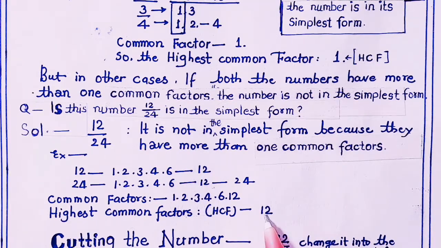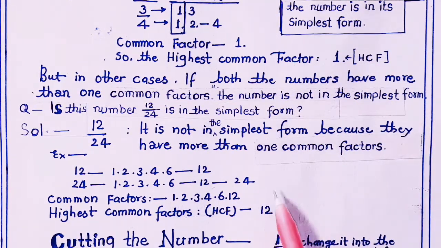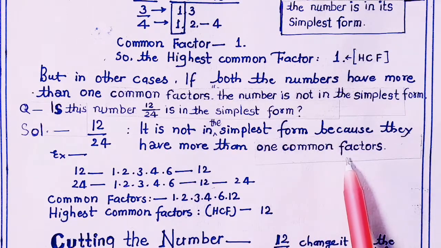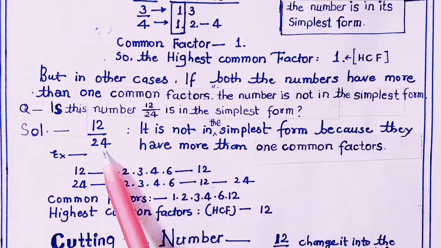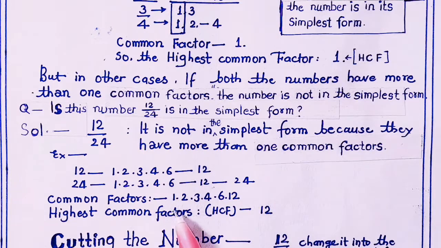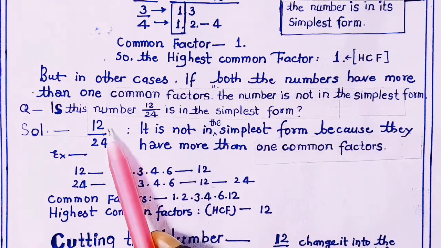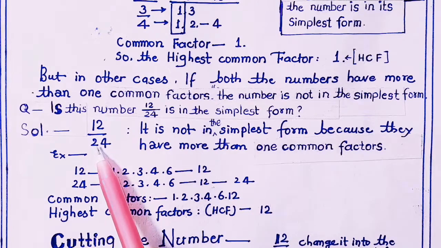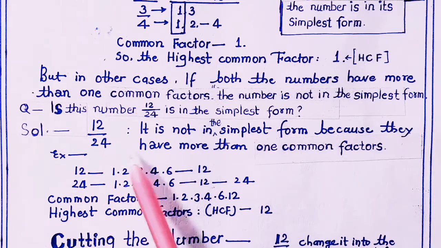So, 12 by 24 has more than one common factor. These are 1, 2, 3, 4, 6 and 12. So this number is not in the simplest form because they have more than one common factor.